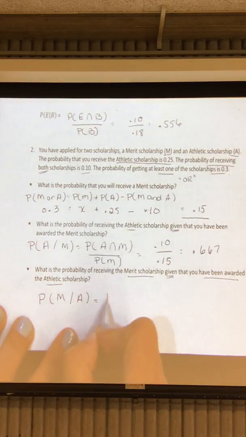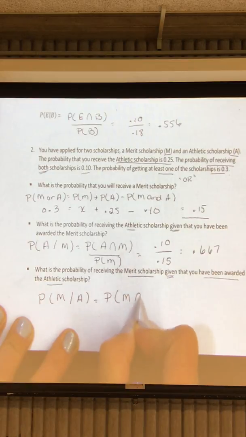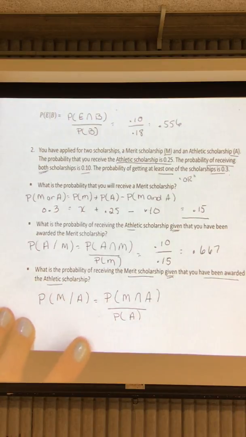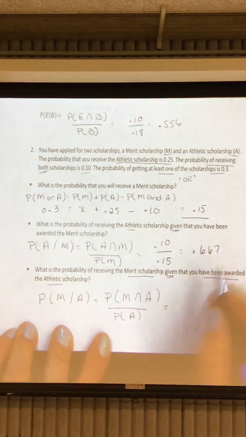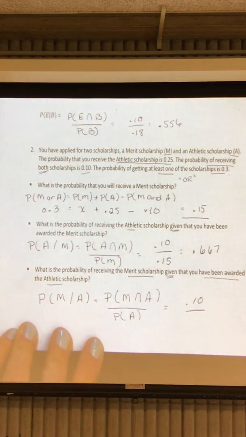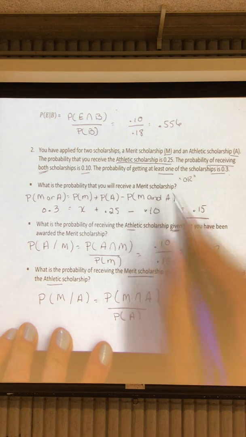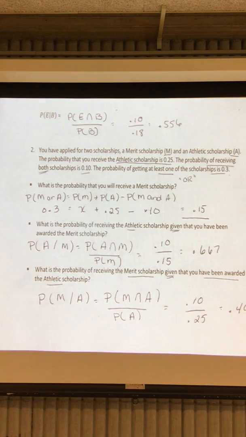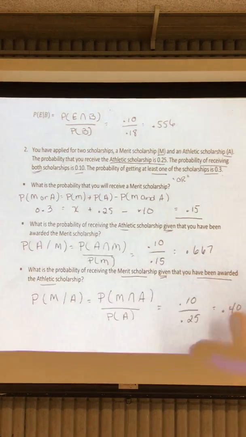So it's the probability of M and A over the probability of A. So the probability of M and A, we know both to be 0.10, over the probability of A, and the probability of A was 0.25. So 0.10 divided by 0.25 is equal to 0.40.